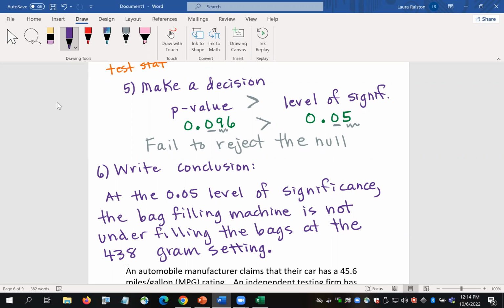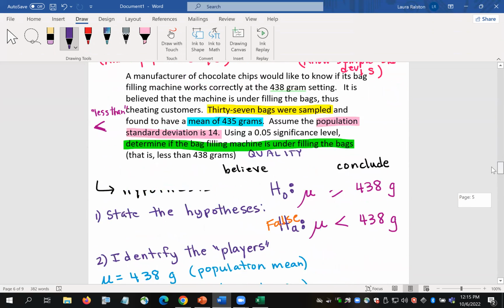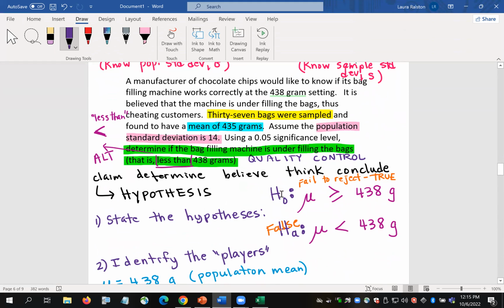Now, guys, there's lots of ways to say that sentence. We could say the bag filling machine is overfilling the bags. We could say the bag filling machine is putting at least 438 grams in the bag. I mean, there's lots of ways to say it, but you have to say it in such a way to indicate that that null hypothesis is true, however you say it.